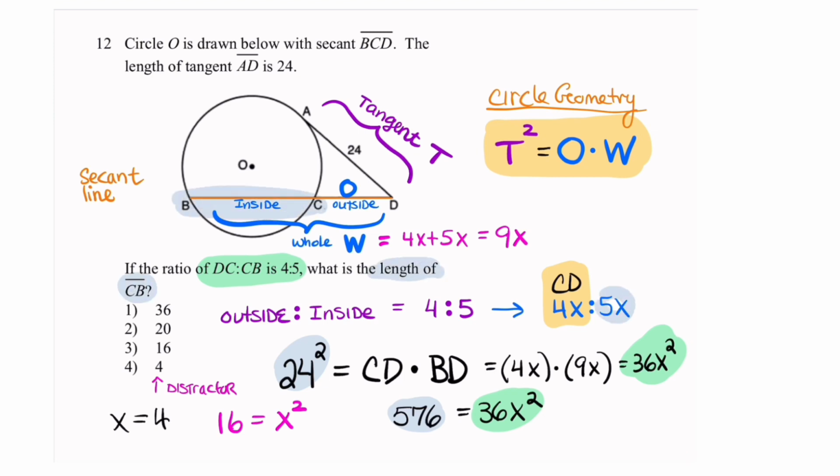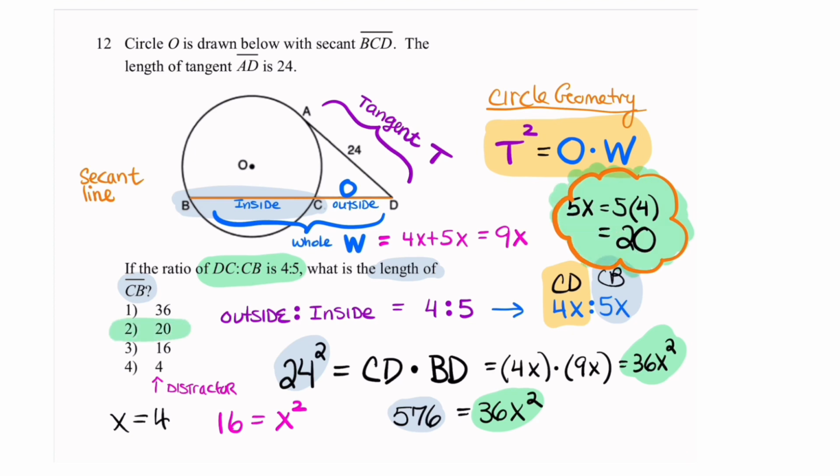We really need the inside part, which is CB, or BC, and that's given by 5 times x. So since x is 4, 5 times 4 gives us 20. And that's choice 2. That's the one we really want. So be careful of those distractors.